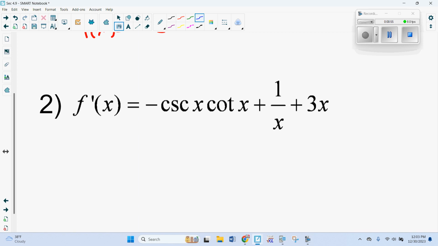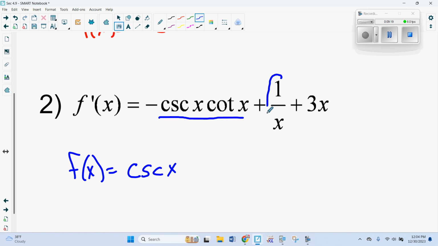So let's look at minus cosecant cotangent plus 1 over x plus 3x. So first, to find our function, we have to remember that negative cosecant cotangent is the derivative of what function, and that is cosecant.